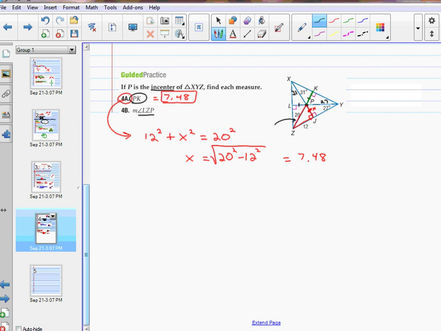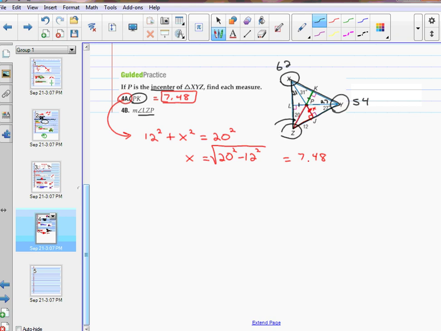So, now I'm going to take that idea and tweak it just a little bit. Let's look at this big triangle. What's the measure of that angle up there? 62. What's the measure of this angle over here? 54. How did we get 54? 27 and 27.